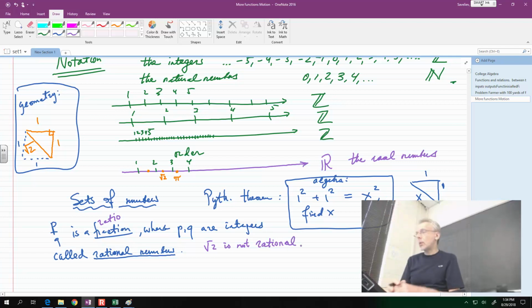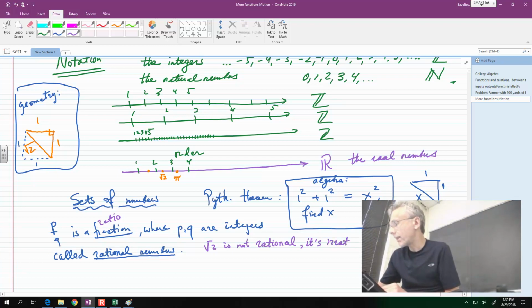Okay, and then where do those irrational numbers come from? Typically they come from equations. Just like the one that we have here. So if I take that equation again, what do I have here? I have x squared is equal to 2.